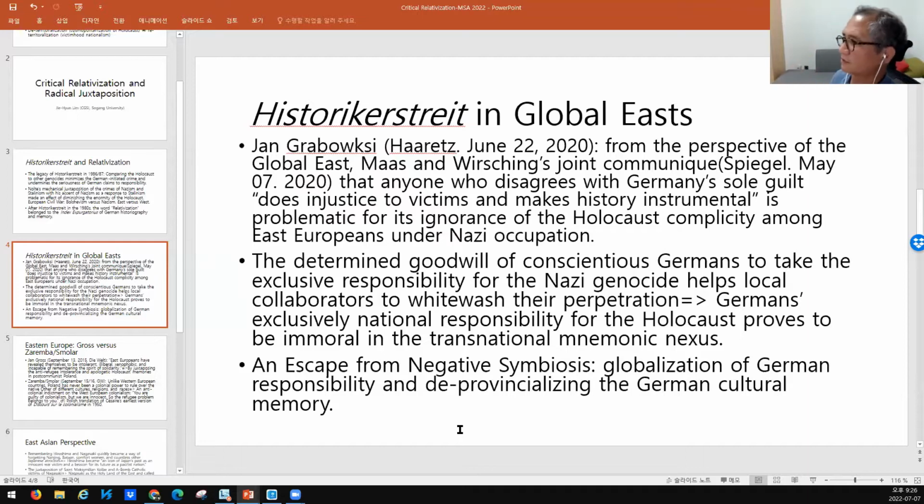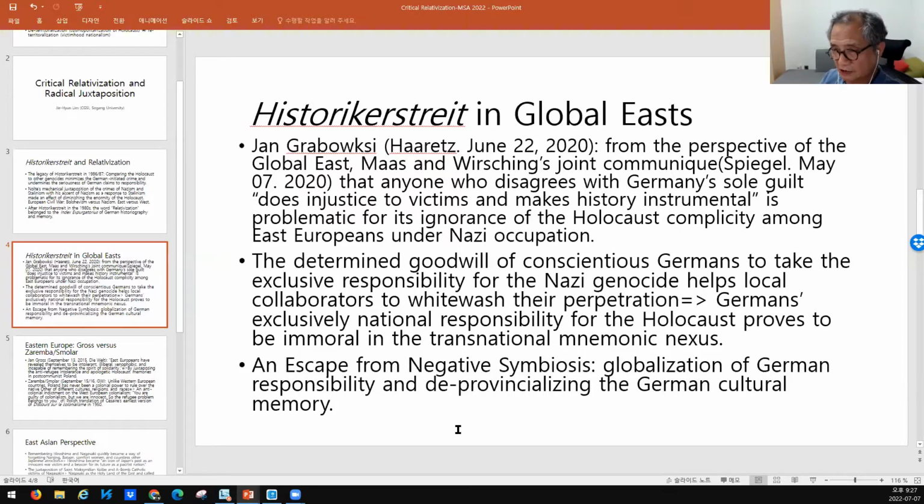From the viewpoint of globalists from Poland and Eastern Europe, the communique is problematic because it ignores the Holocaust complicity among East Europeans under Nazi occupation. No one can deny the determined goodwill of conscientious Germans to take exclusive responsibility for the Nazi genocide, but it helps local collaborators to whitewash their perpetration.